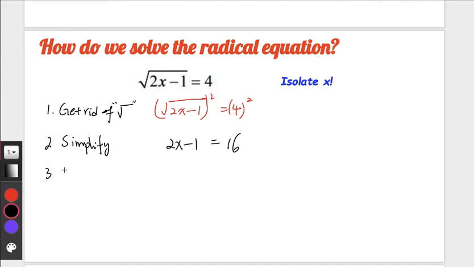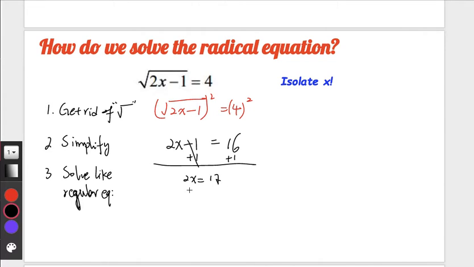Then we just solve it like a regular equation. We add 1, so 2x equals 17, then divide by 2. Nothing new here, because this is just our regular equation. You can definitely check back in the original equation.